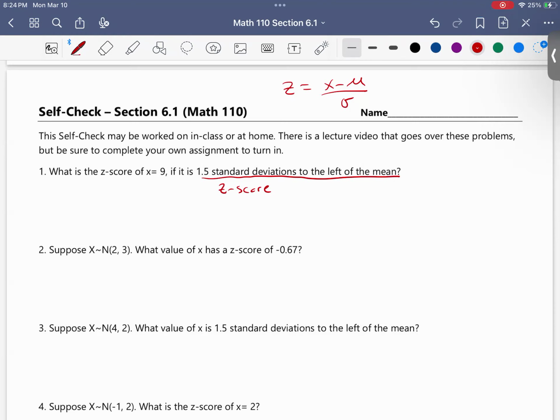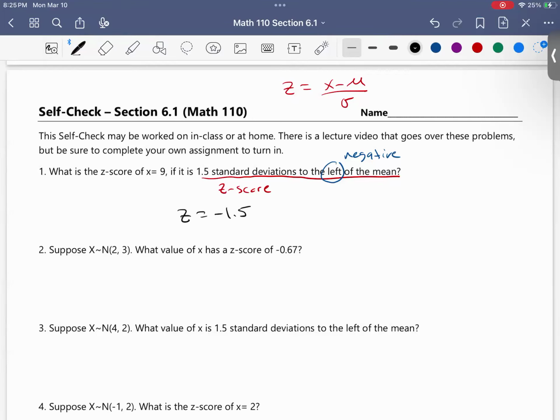And since we have this left, what this means is that it's going to be a negative z-score. So since we have 1.5 standard deviations to the left of the mean, all that tells us is that z is going to be negative 1.5.